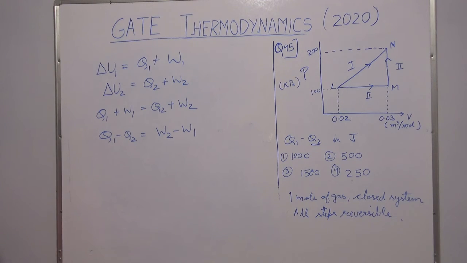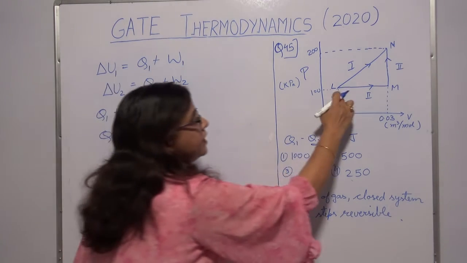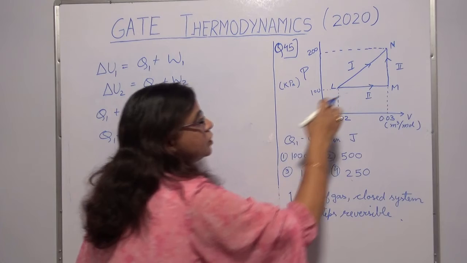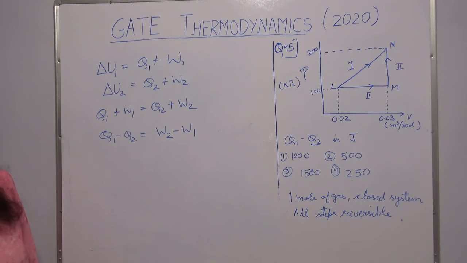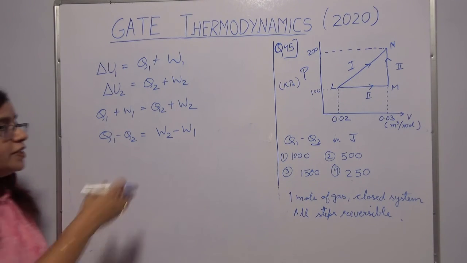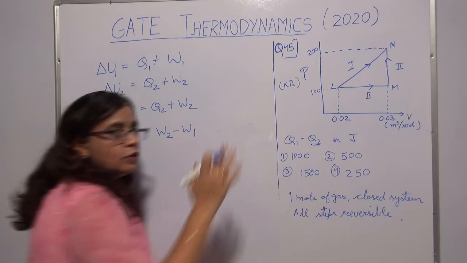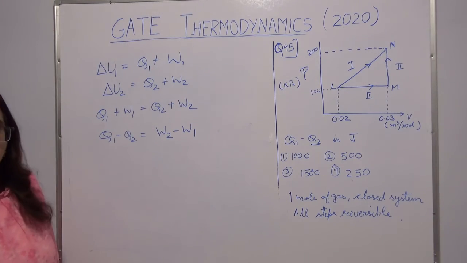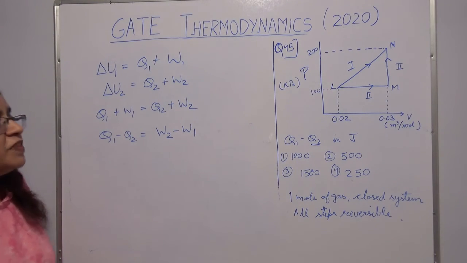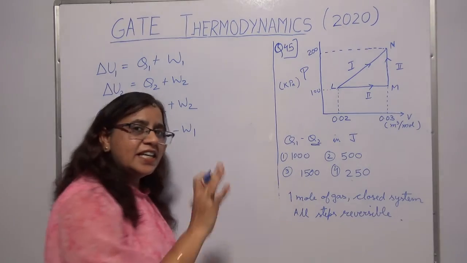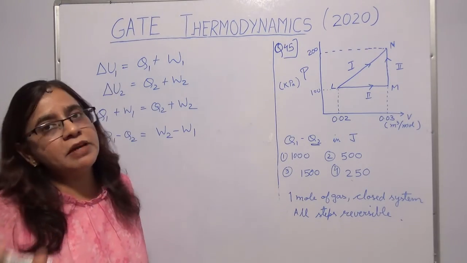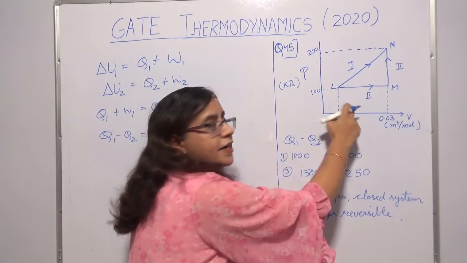Now see, the gas is expanding in both cases, so the gas is doing work, meaning work is done by the system. So whatever work we calculate according to our sign convention will come out negative. Since the graph is given, I am going to directly calculate the work done by finding the area under the curve.